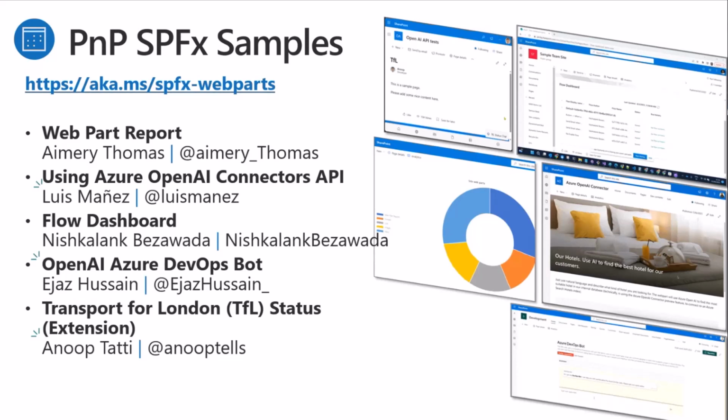We have a new web part called Using Azure OpenAI Connectors API by Luis Mañez, a Flow dashboard by Nishan Kalak, an OpenAI Azure DevOps bot by Ejaz, and an update to our new Transport for London status, which is an extension by Anoop. Thank you, everyone, for your cool contributions, and we welcome new contributions.